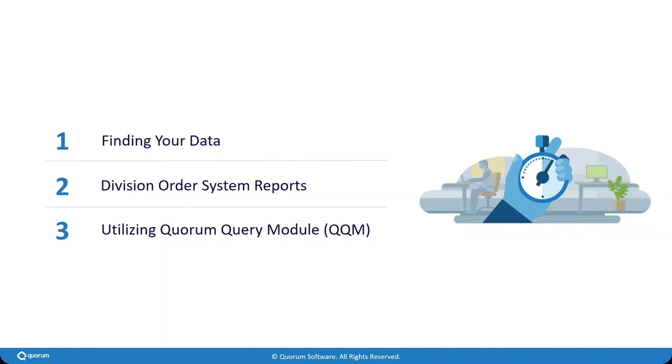And then we'll finish it off by talking about utilizing Quorum Query Module, which is also known as QQM. I might refer to it as that going forward. But this is just our ad hoc reporting tool, where you can build ad hoc reports that are really important to you and customize those to your liking.